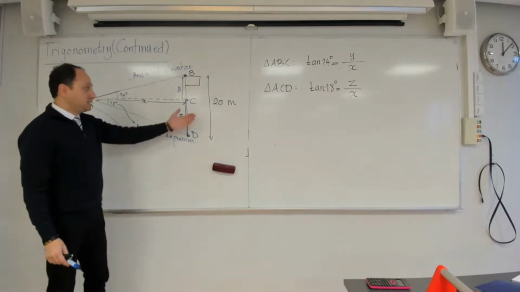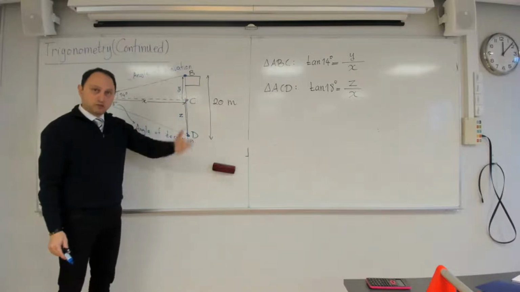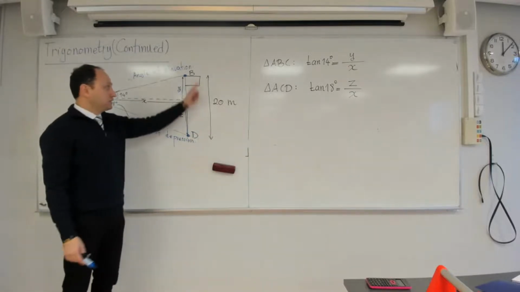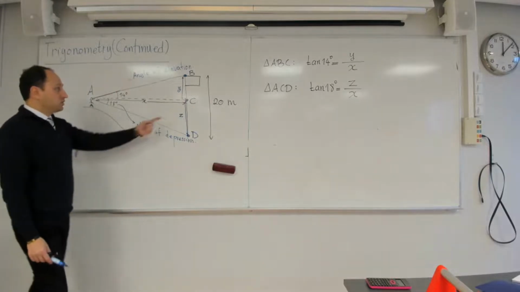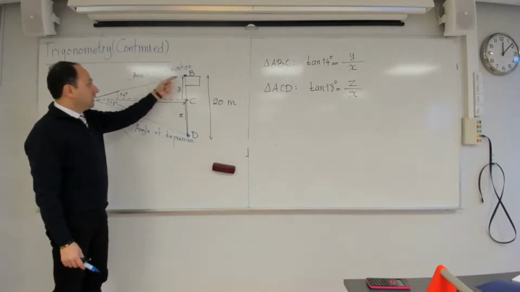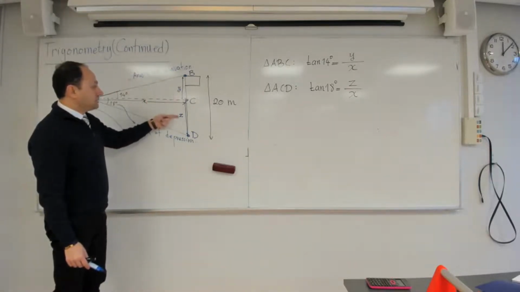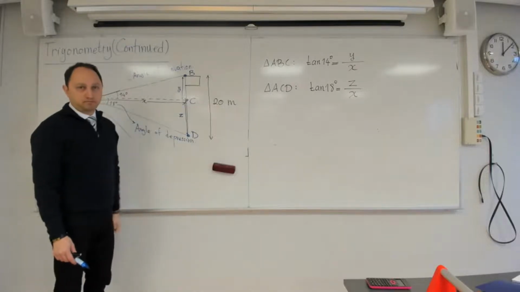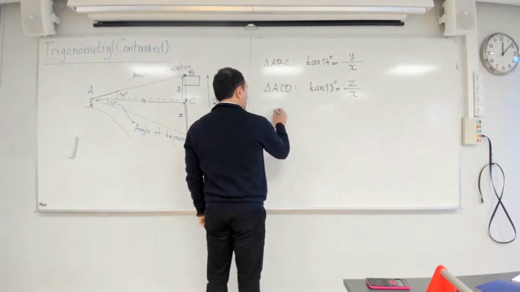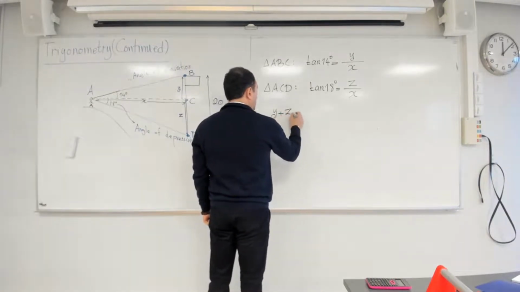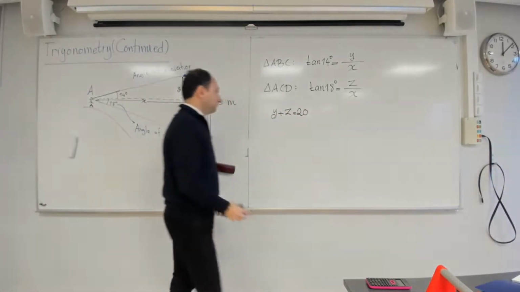So it means that this is given for some reason. So in principle, I should be able to use this in an effective way to be able to find x. Okay, so you see the picture. In the picture, I know that y plus z is equal to 20. Yes? So I know that y plus z is equal to 20.